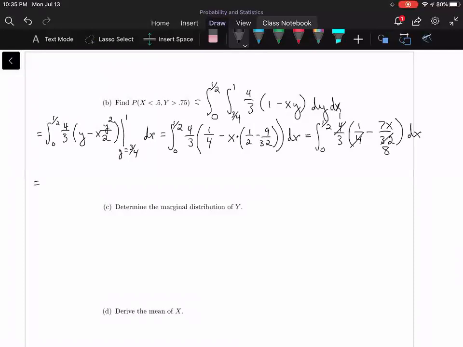So when we integrate this, we're going to have a 1/3 out front. The 1 becomes x, and then the 7x/8 becomes 7x² over 16. And that is being evaluated from 0 to 1/2. So we've got 1/3. X is 1/2 minus 0, which is 1/2, minus 7/16 times 1/2 squared minus 0 squared, which is 1/4.